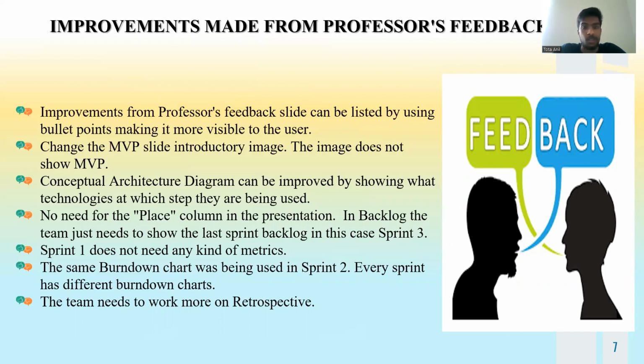You can also see that we now use bullet points for the feedback. In the previous sprint we did this as a paragraph, and now we have done it as points. We also changed the metrics, burndown charts and the retrospective, which you can see in the next slides.